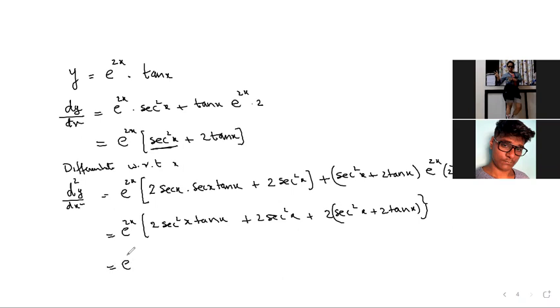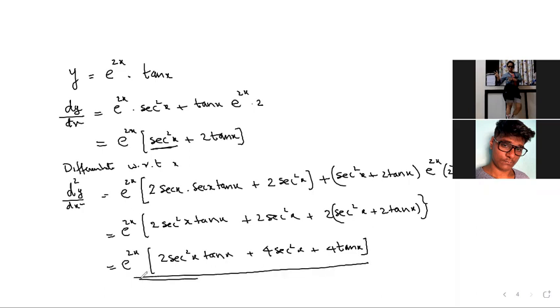So you can write your answer as e raised to 2x, 2 sec square x into tan x plus 4 sec square x plus 4 tan x. I hope you understood.